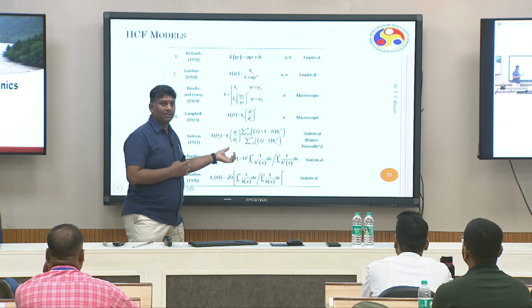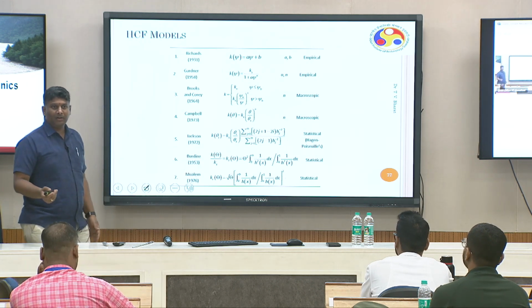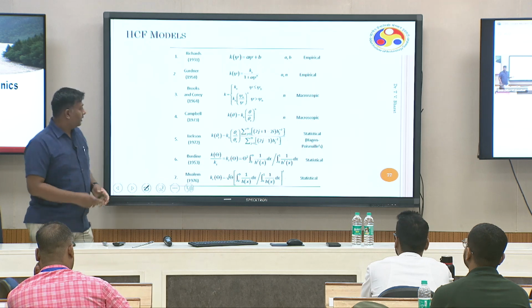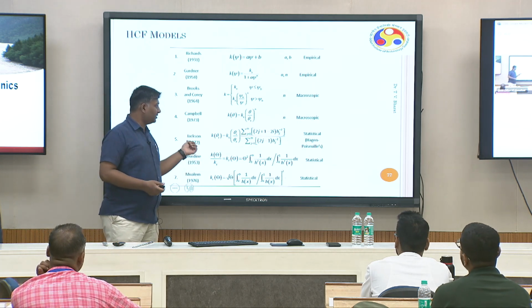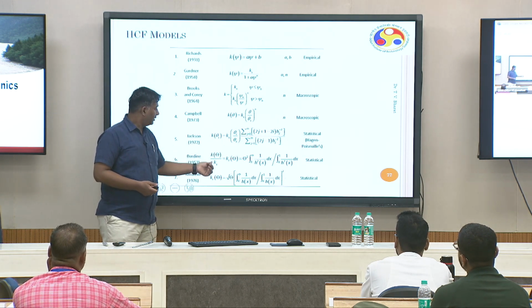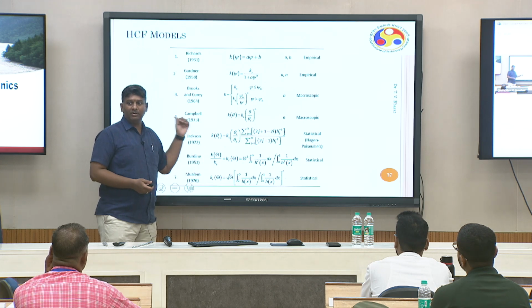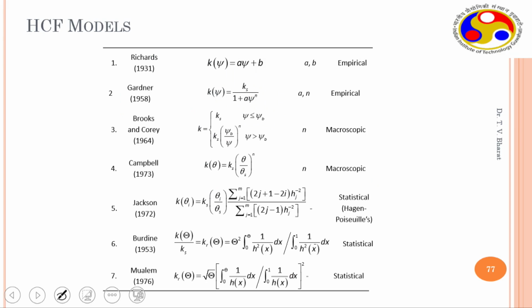In my regular classes I solve this, and I think in NPTEL also it should be there. Like Burdine and Mualem, and Jackson also is one of the models, derived from Childs and Collis-George. These models you can integrate with Van Genuchten to get analytical expressions for the hydraulic conductivity function, right?